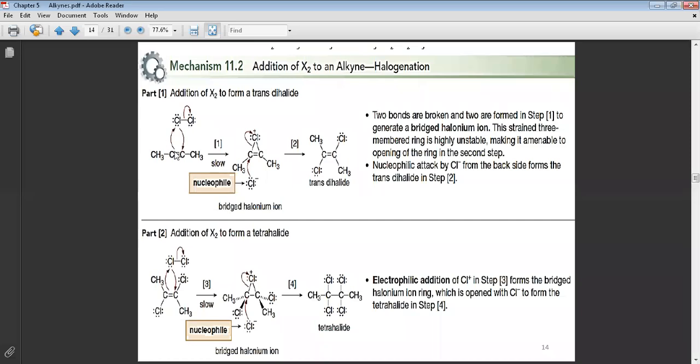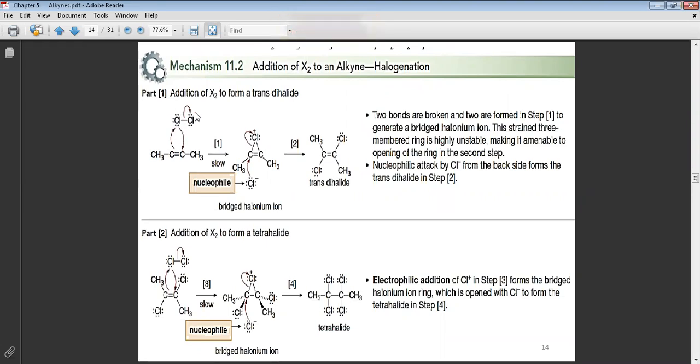Look, the pi bond will attack the halogen. And you know we talk about halogens like Br2 and Cl2; we said they can be polarizable. What does polarizable mean? If the halogen atom comes near something highly electronegative or an electron-rich part, for a few moments it becomes partially positive and partially negative.